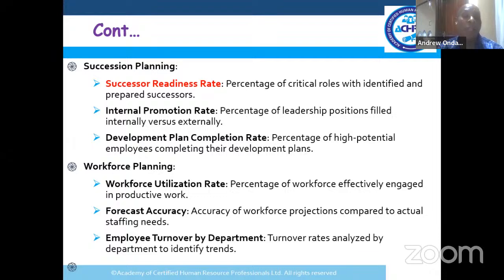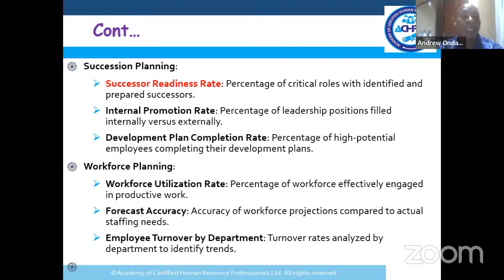For example, how many employees are leaving in the next 1 month? How many are leaving in the next 3 months? How many are leaving in the next 5 months? Or how many are leaving in the next 10 months? And this turnover could relate to retirements. So you determine how many people are retiring within that 1 year and prepare adequately for their replacement.